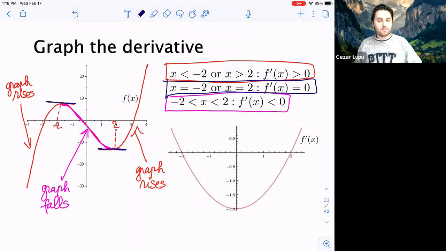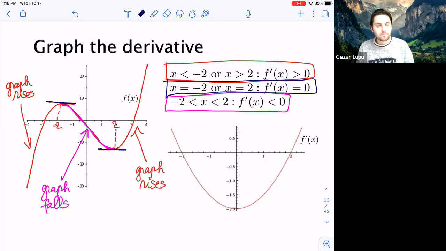Once again, that's the graph of the function f. As you can see, the graph rises all the way to the value f of -2, whatever that is. Then it falls between -2 and 2, and starting from 2 all the way to infinity, it rises again.